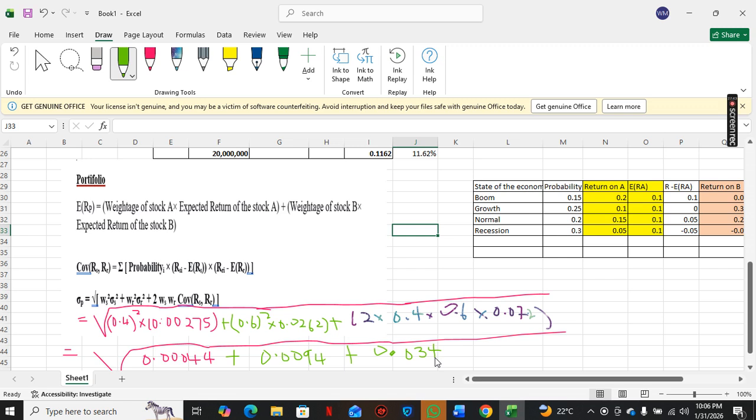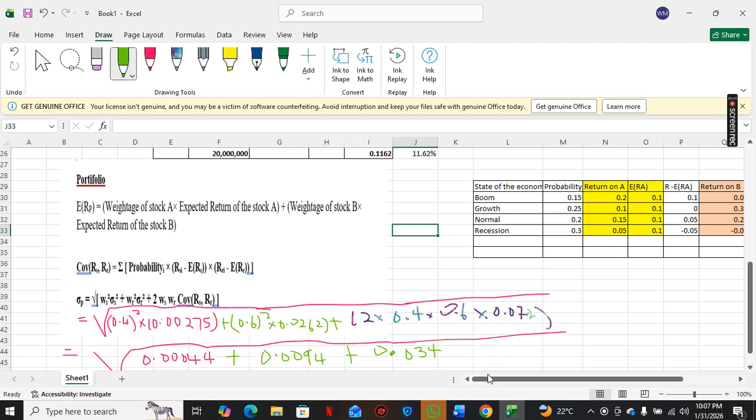Okay, then we add 0.00044 plus 0.0094 plus 0.034.